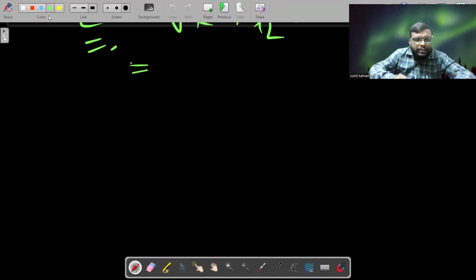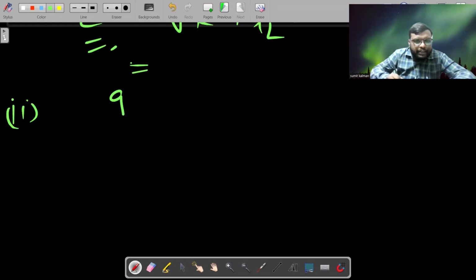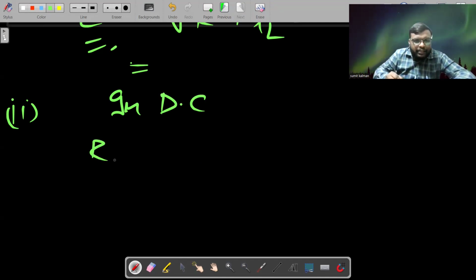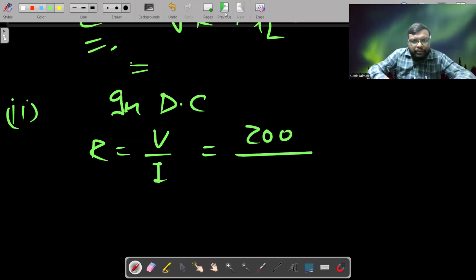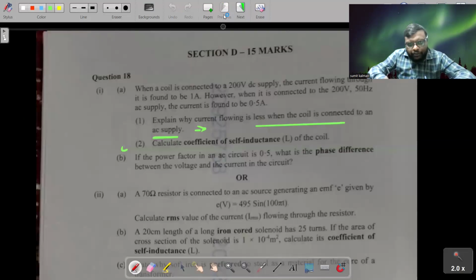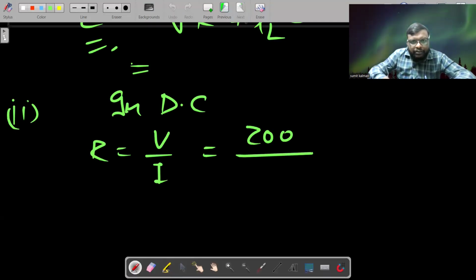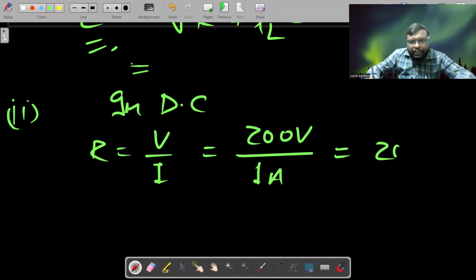As we all know, in DC, resistance R is given by V upon I, according to Ohm's law, and it is equal to 200. Voltage is given 200 volt, and current is 1 ampere. So, students, it will become 200 ohm.